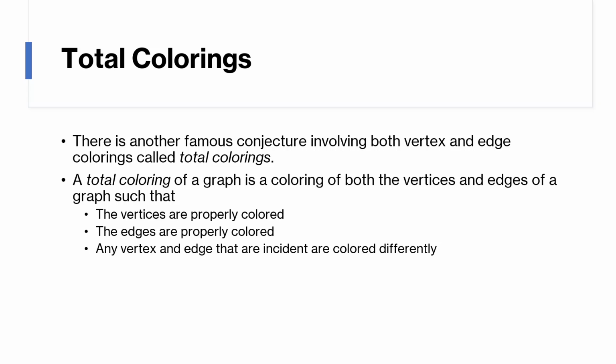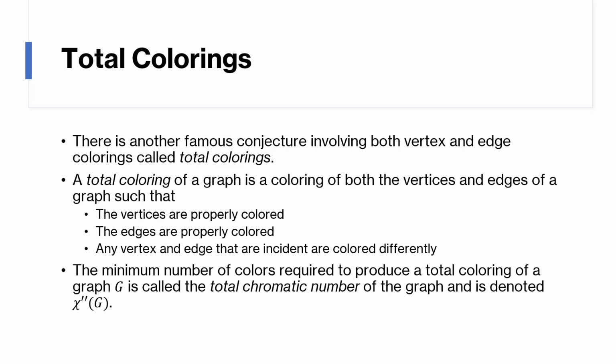So an assignment of colors to the vertices and an assignment of colors to the edges, such that the vertex coloring is proper, the edges are properly colored, and if a vertex and edge are incident with each other, then they too are colored differently. That is, any 2 elements of the graph that are touching have to be colored differently: the vertices, the edges, and every vertex and edge.